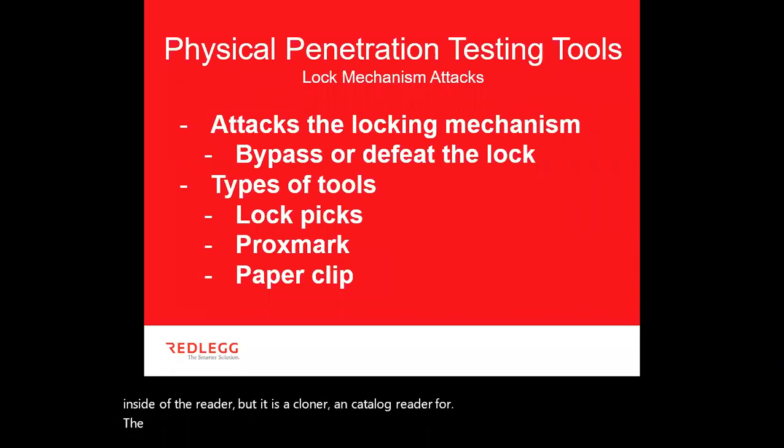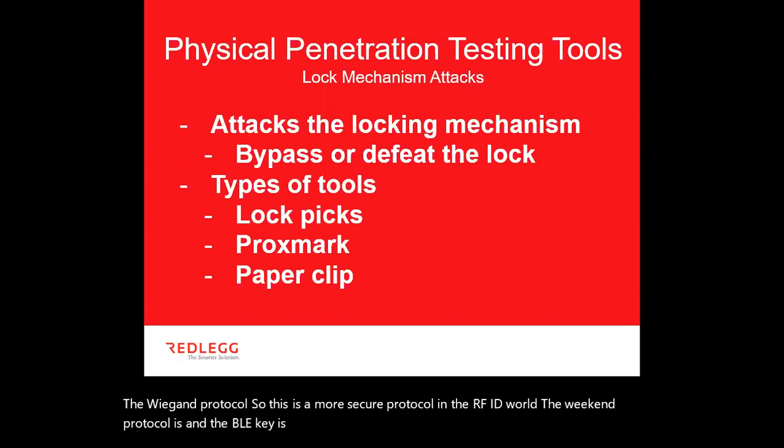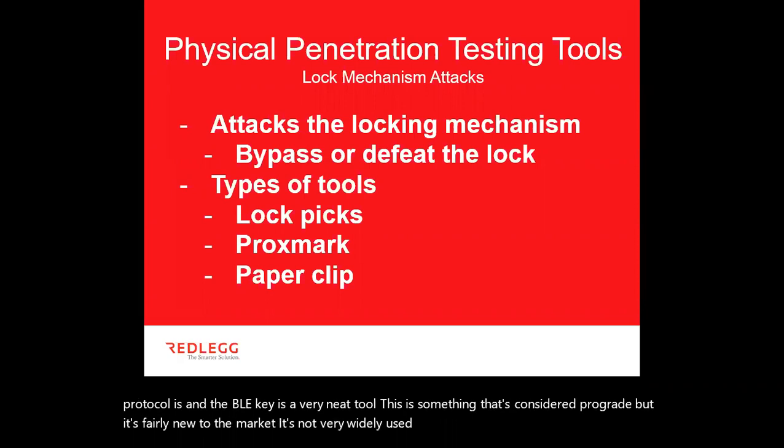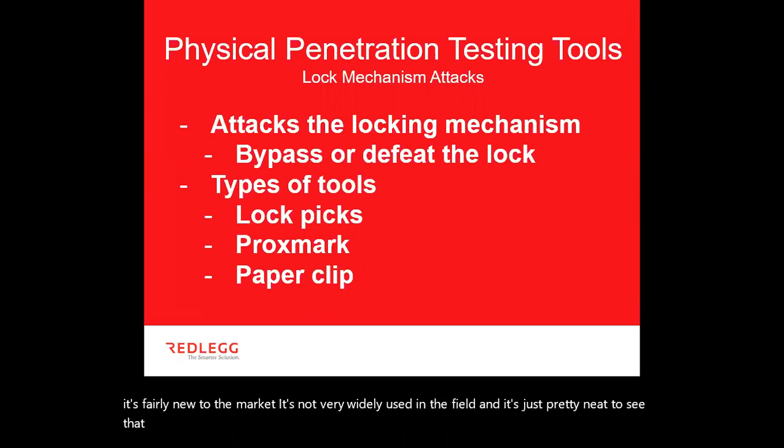This is a more secure protocol in the RFID world, and the BLE key is a very neat tool. It's considered pro grade, but it's fairly new to the market. It's not very widely used in the field, and it's pretty neat to see those hardware type attacks seen in the movies all the time. We don't always see them implemented in the field.